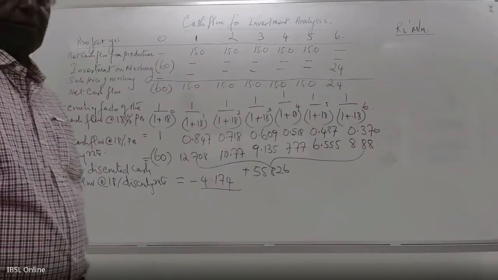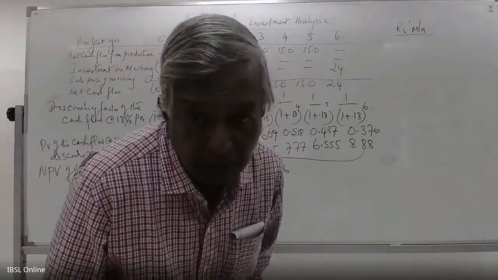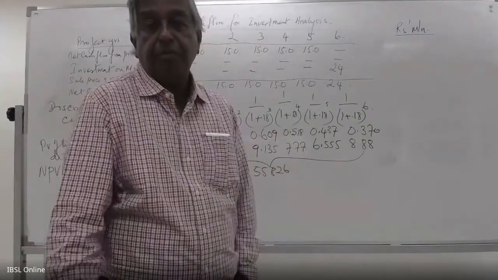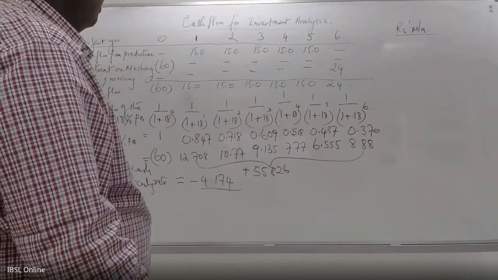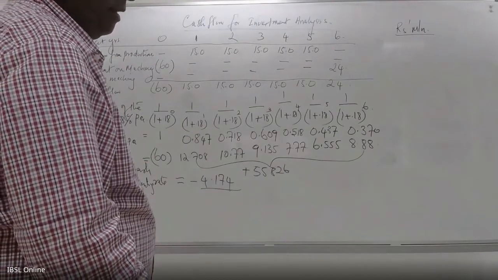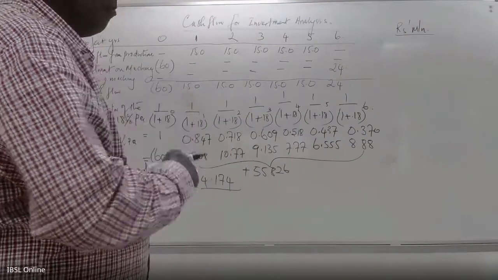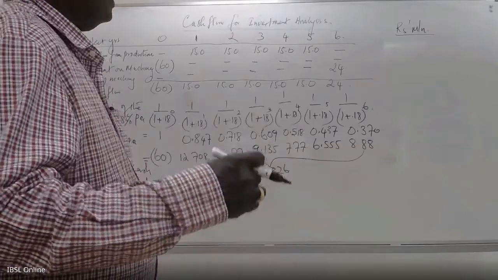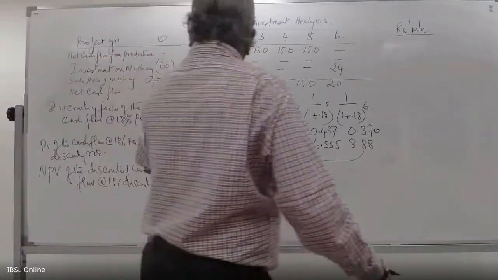Now the bank has agreed to give the facility at 13% interest rate. So, at 13% interest rate, let us do the calculation whether it is worthy. We keep this one at 18%.